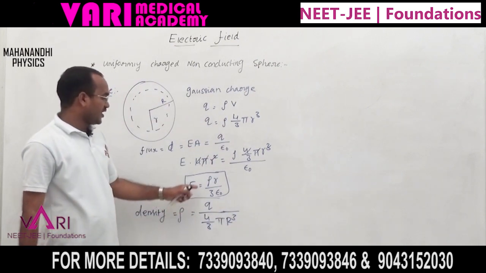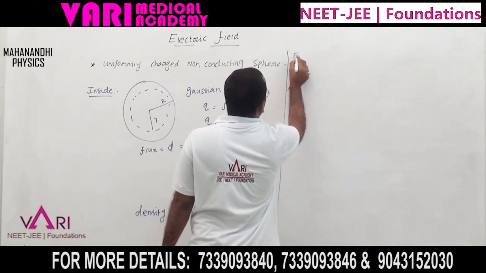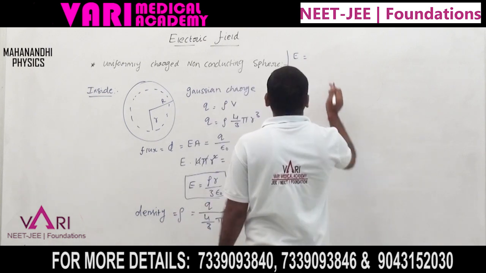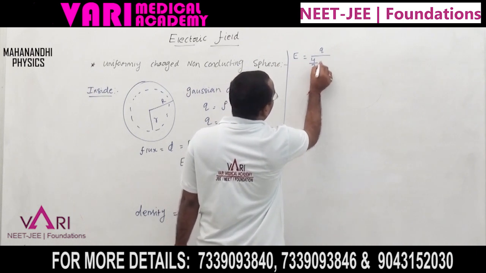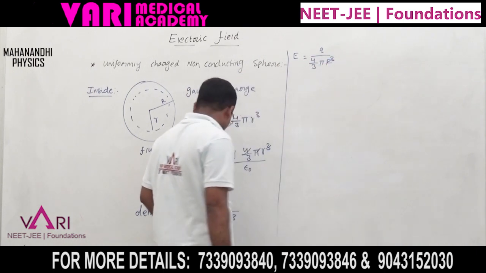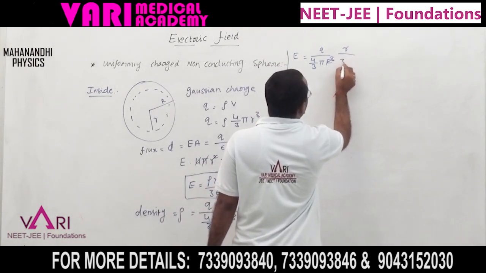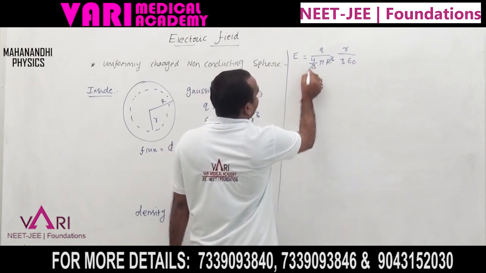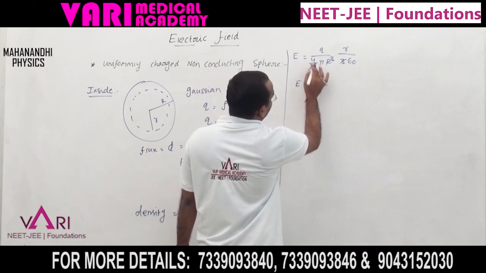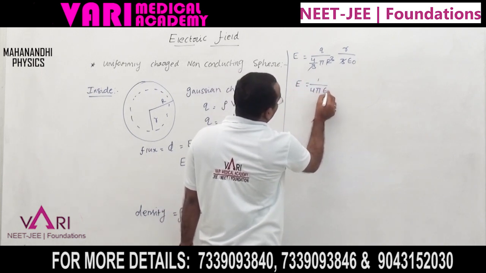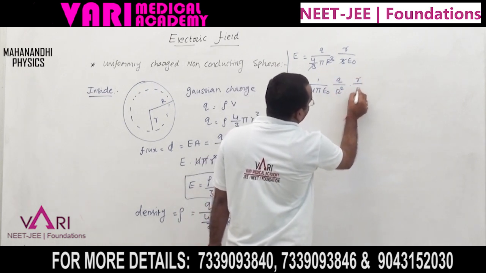Substituting rho into the electric field, E equals Q by 4 by 3 pi capital R cube into small r by 3 epsilon naught. Here 3 cancels, remaining E equals 1 by 4 pi epsilon naught Q by capital R square into small r by capital R.